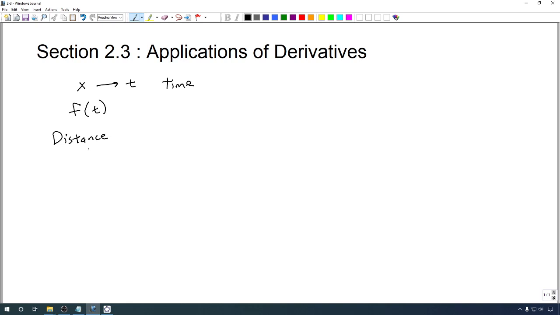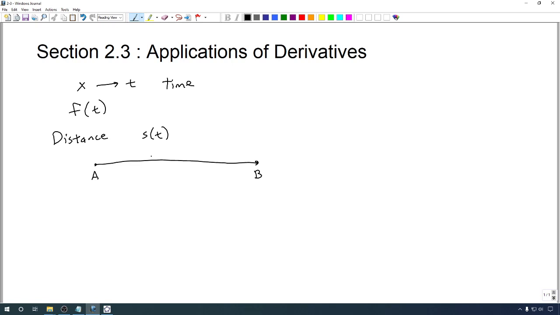If an object is traveling, we can model its distance by a function of time. So let's say we have some object, be it a person or a car or anything, that starts at some point A and travels to some point B. We can set up a function, and here it's actually common to use s instead of d for distance.